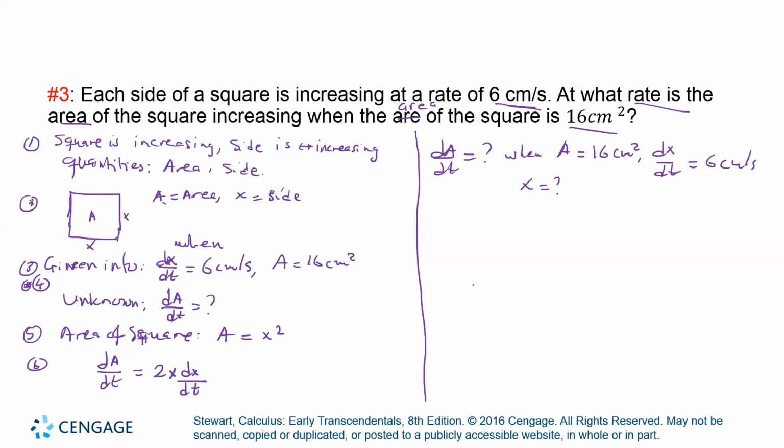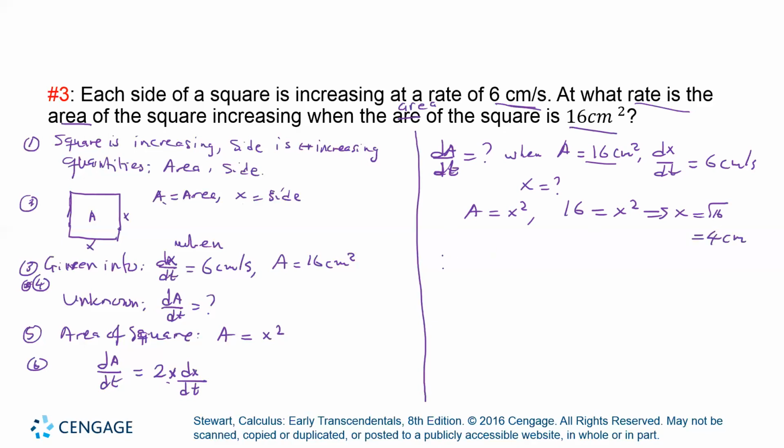Before you can find dA/dt, we must know x. Look at it, what's the value of x? That's why they gave us the area. Now we know that A is equal to x squared. So if 16 is equal to x squared, that means x is equal to the square root of 16, and that is 4 centimeters.